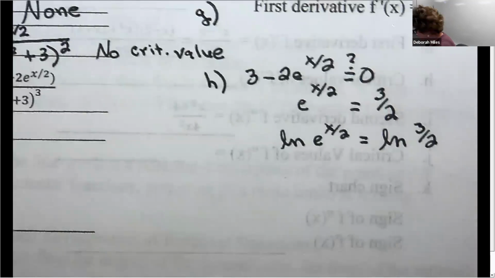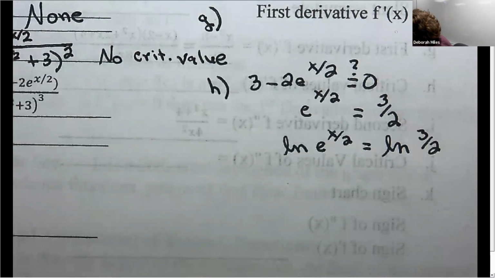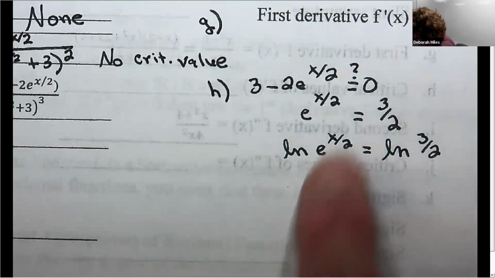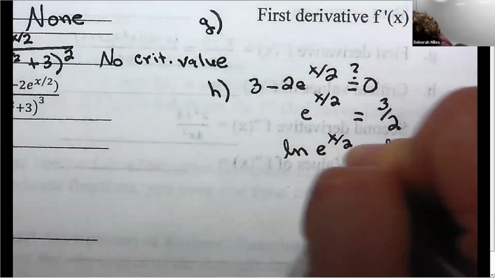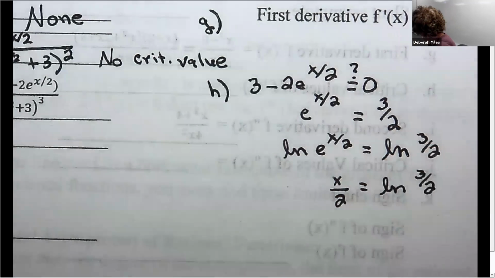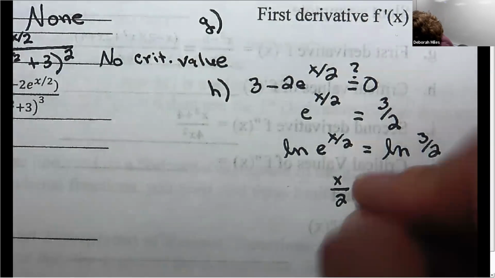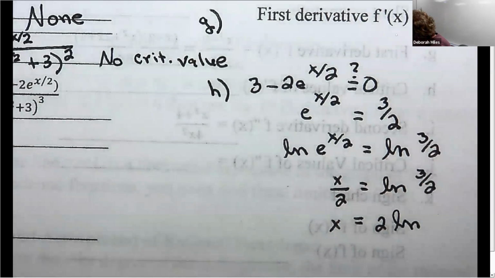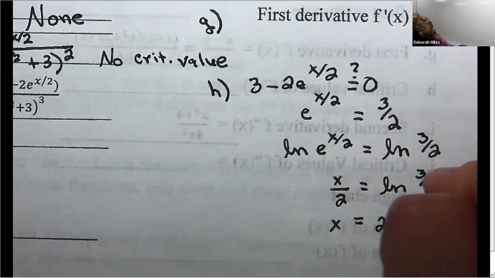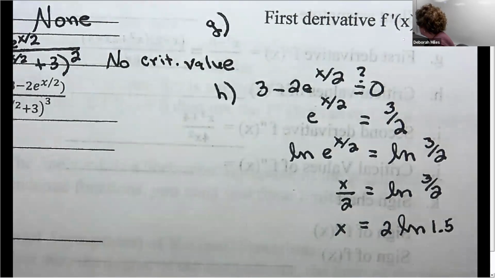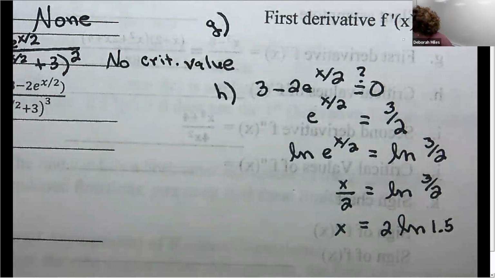Natural log of e to the ugly, they undo each other and just leave you the ugly, and then multiply both sides by 2. I'm going to just write that as 2 natural log of 1.5. So there is a critical number for the second derivative.